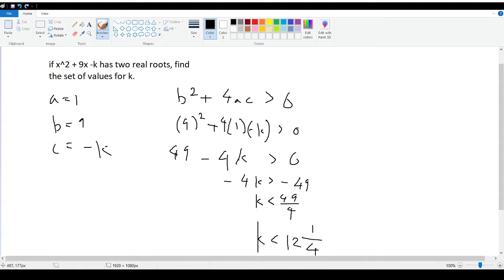And based on how many roots it has, for example, 2 real roots, then it's bigger than 0, 1 real root equals 0, and no real roots is lesser than 0. So we're going to move on to a more interesting question right here.